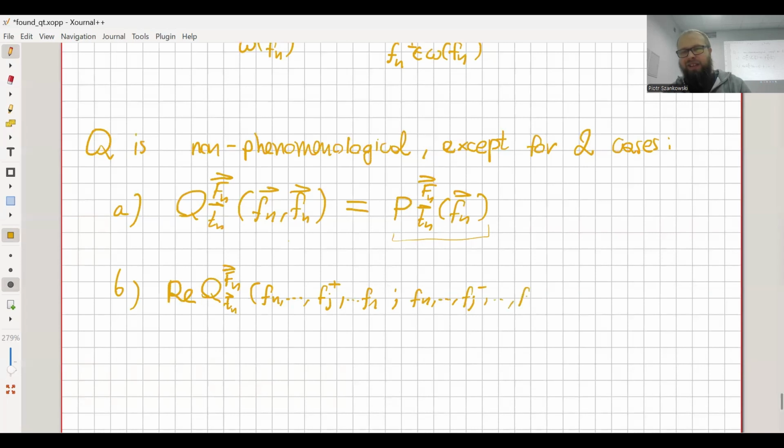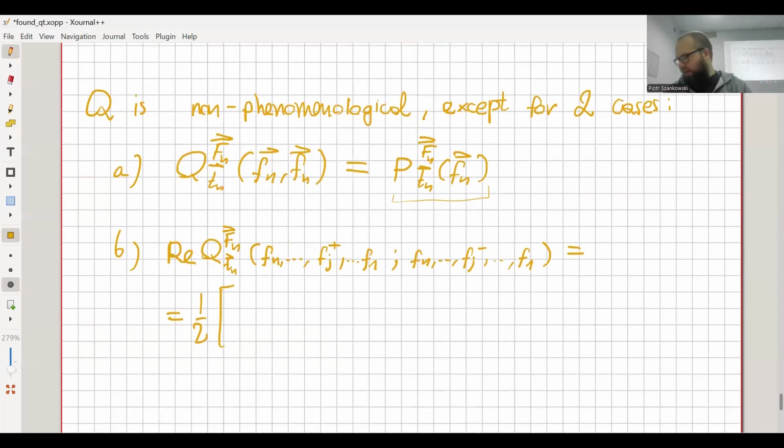All the arguments are almost diagonal except for the jth argument, where there is an f plus on one side and f minus on the other side. And this can be expressed as 1/2 of P, with Fj coarse-grained, F1 through Fn.